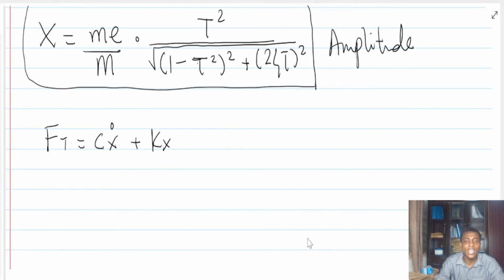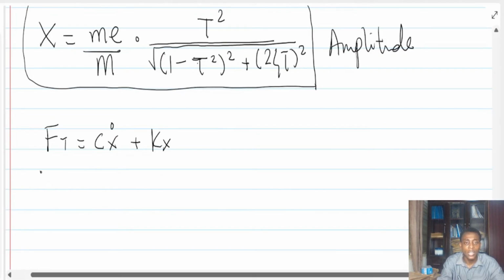Now, if I have a system like this, I can actually assume a solution, and the assumed solution of this is actually some x sine omega t minus theta.